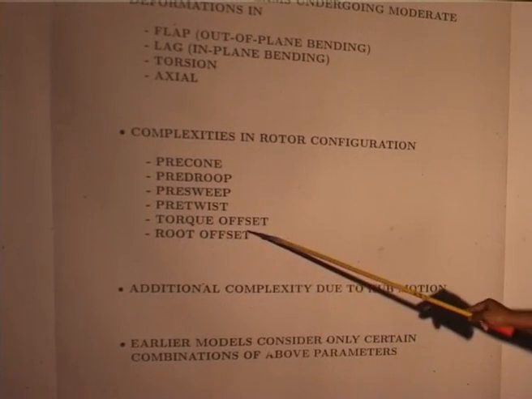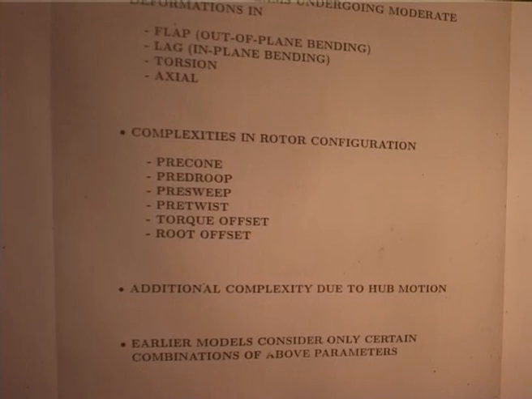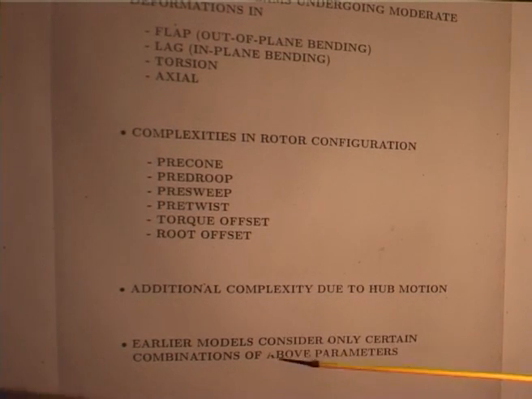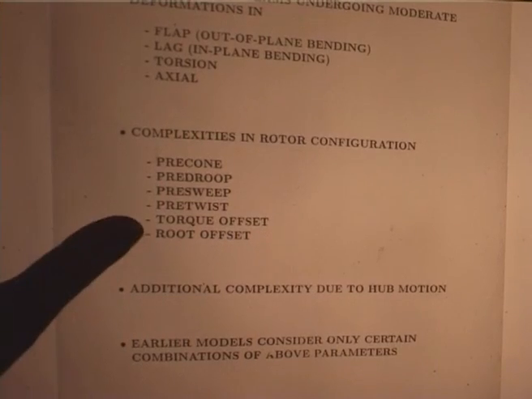Root offset, I will show you, we take that. Key things they will take, not the rest of them. But when you want to take all of them, the derivation becomes messier. But now you can take all these quantities in your blade model.